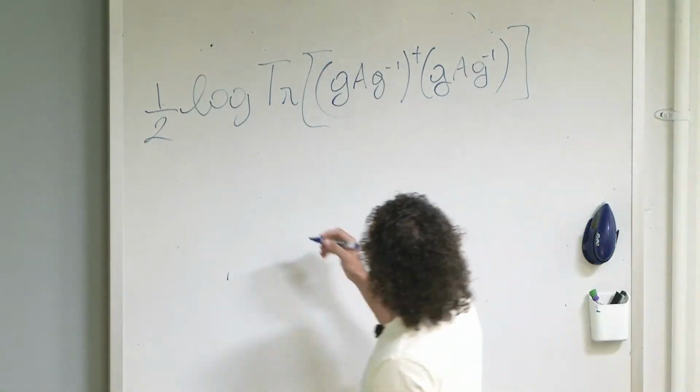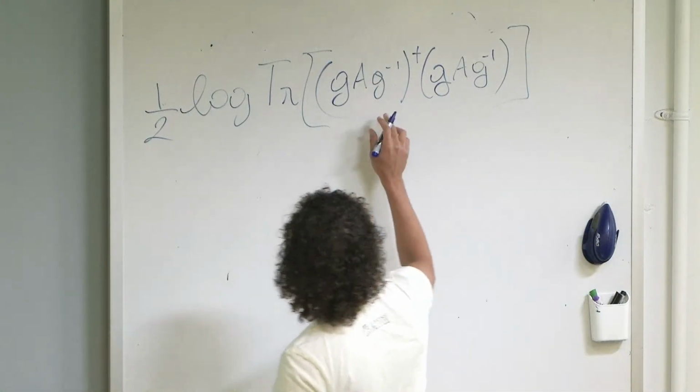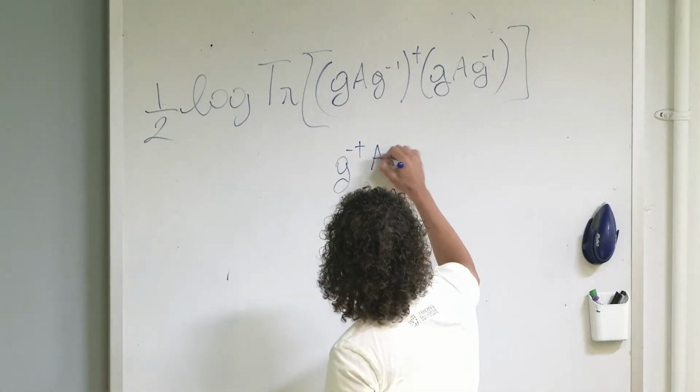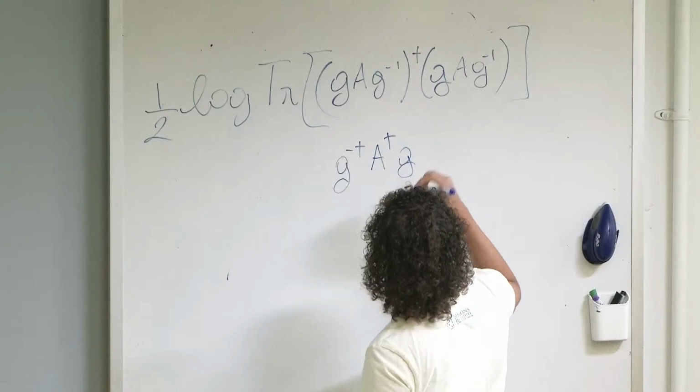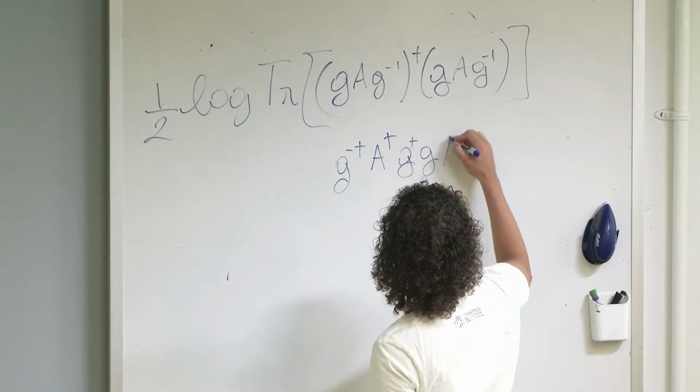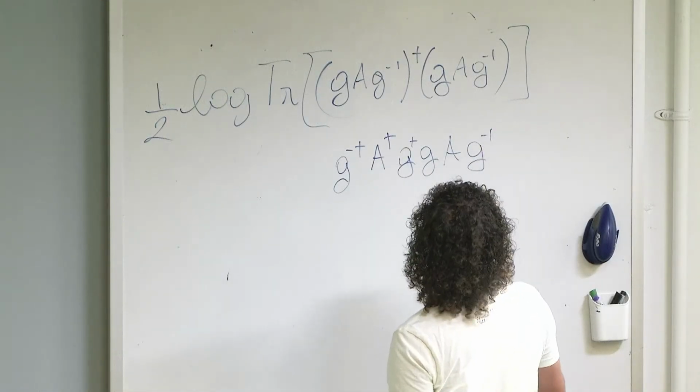And now when I change this, I'm going to have G minus dagger, A dagger, G dagger, G, A, G inverse, correct?